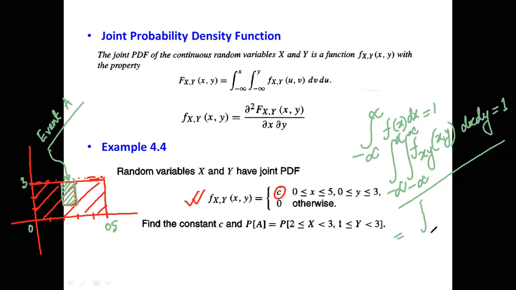What is the y limit? 0 to 3. What is the x limit? 0 to 5. And this f(x,y) equals C, then this will be dx dy, equal to 1. Can we write it like that? Yes, sir. Okay, so if you integrate, then you will see that 15C equals 1, and then the C value will be equal to 1 by 15.